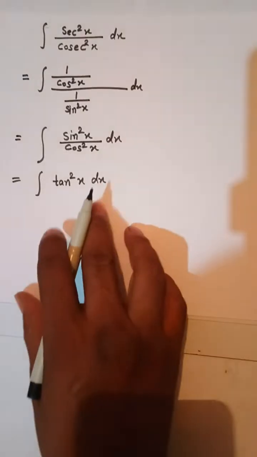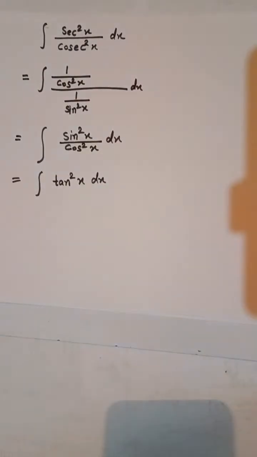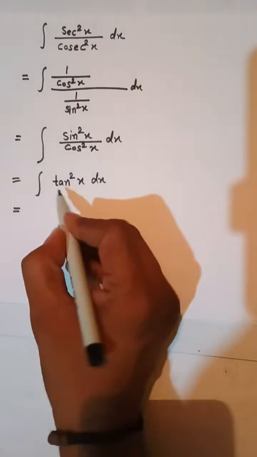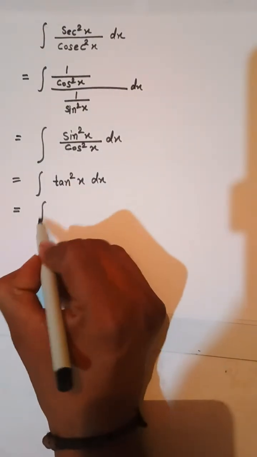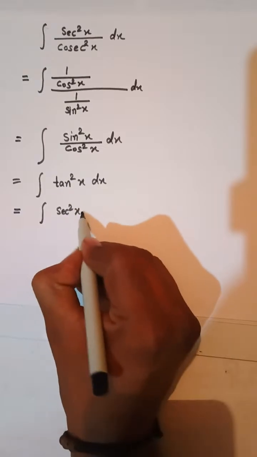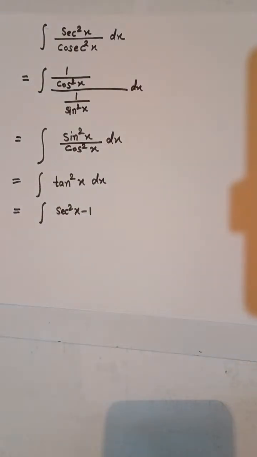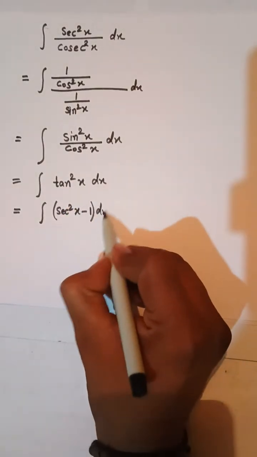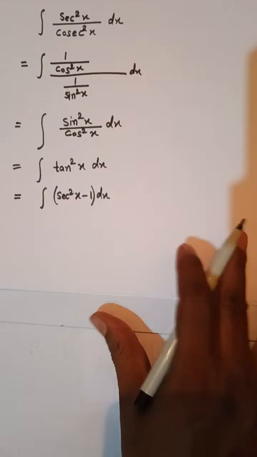We don't have a direct formula here, so this tan square is converted into sec square x minus 1, then dx. Then we can easily get it.